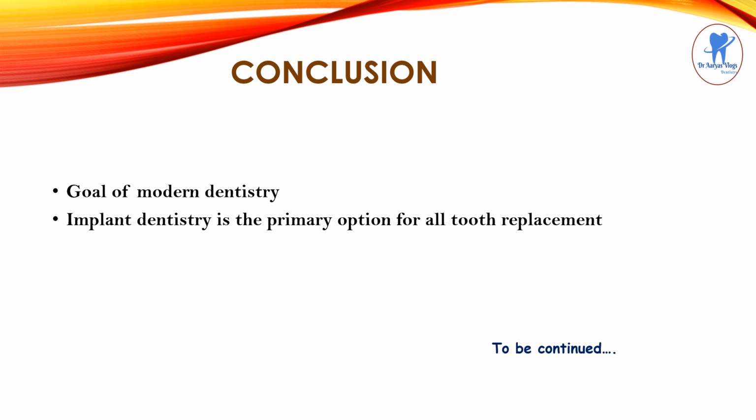And the use of implant dentistry will continue until every restorative practice uses the modality for abutment support for fixed and removable prostheses on a regular basis as the primary option for all tooth replacement. So implant dentistry is ultimately the primary option for all tooth replacement.